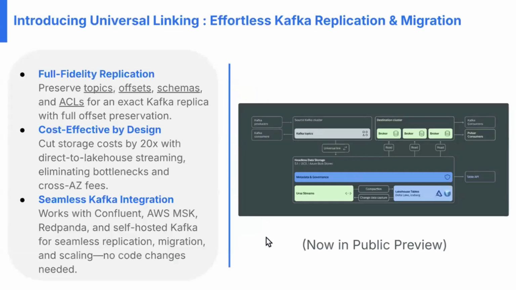So I want to talk a little bit about Universal Linking Tool, which is our Kafka replication tool. Today, it only focuses on Kafka, but over time, we'll talk more about support for Pulsar and other capabilities. We announced this a few weeks back. This is a fully managed service within StreamNative Cloud, which allows you to replicate your data from a source Kafka cluster into your destination cluster within StreamNative Cloud, or you can also have replication done in such a way that you don't have to decommission your source cluster.